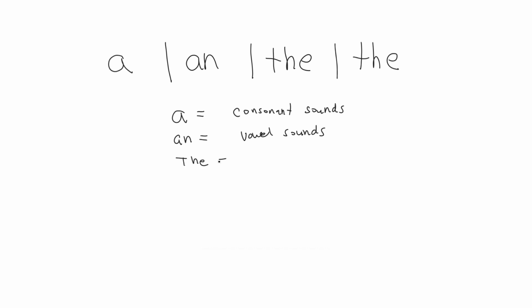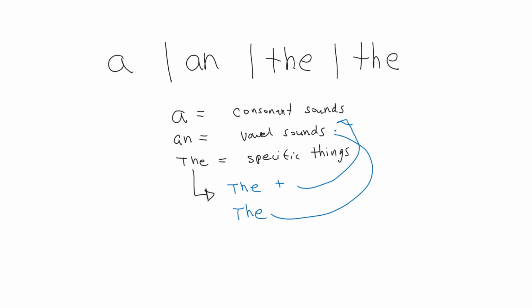We use this word for specific things when we want the listener to know what we're talking about. And remember, this has two sounds. The, one is followed by a consonant sound, and the, one is followed by a vowel sound.